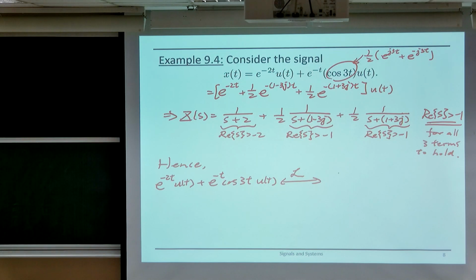So this will give us 2s squared plus 5s plus 12 over s squared plus 2s plus 10 times s plus 2. And the region of convergence is the real part of s greater than minus 1.